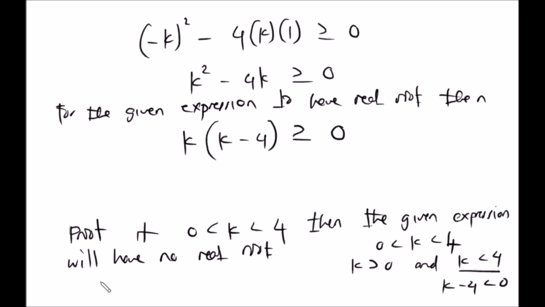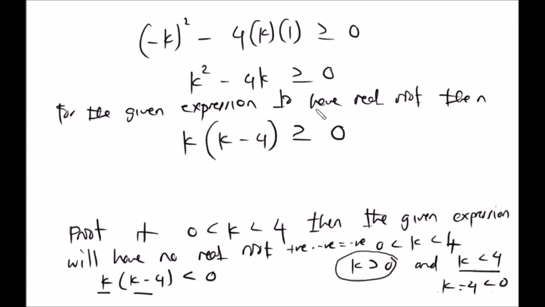So ukichukua k sasa hapa, k is greater than 0 manake k ni positive, si ndio? K minus 4 is less than 0 manake ni negative. So ukichukua positive times negative unapata nini? Negative. Kwa hiyo nikichukua k nikazidisha na k minus 4, so ni positive times negative, nitapata nini hapo? Nitapata negative.